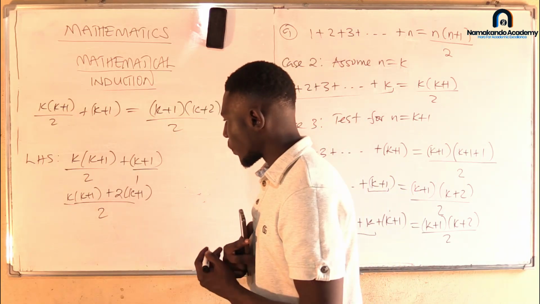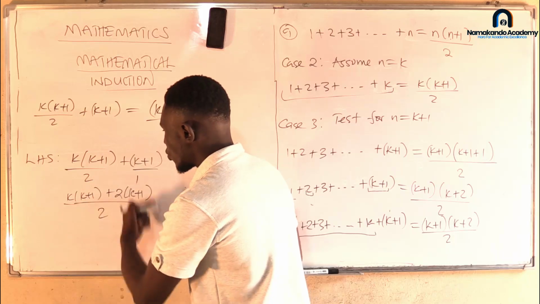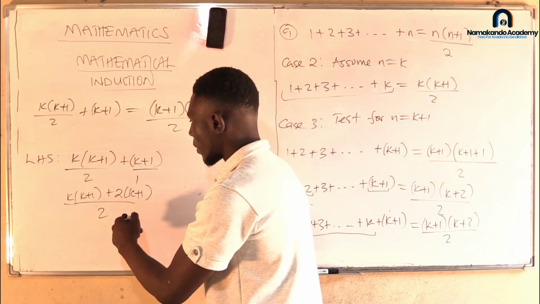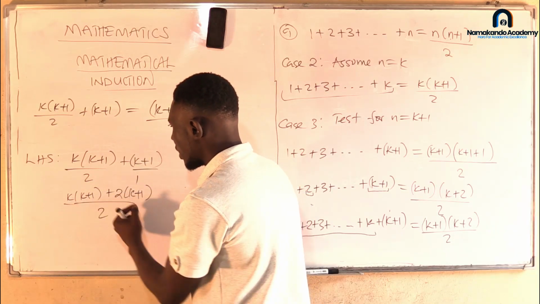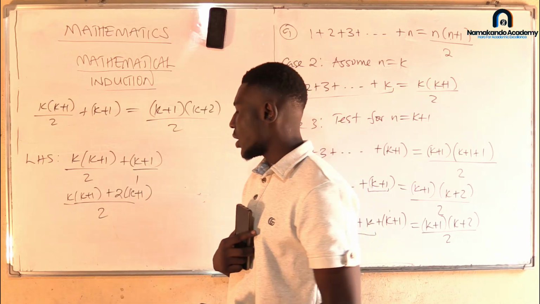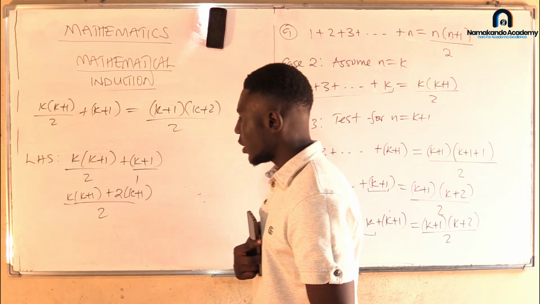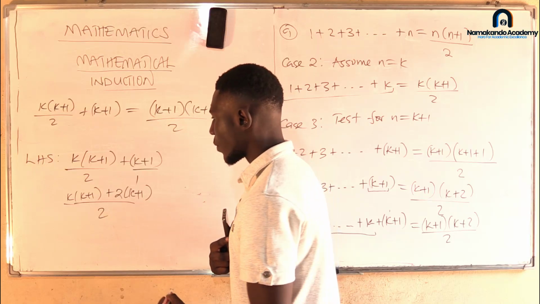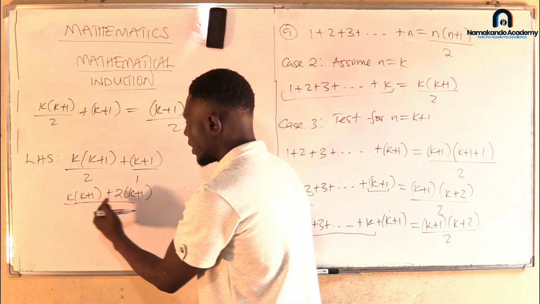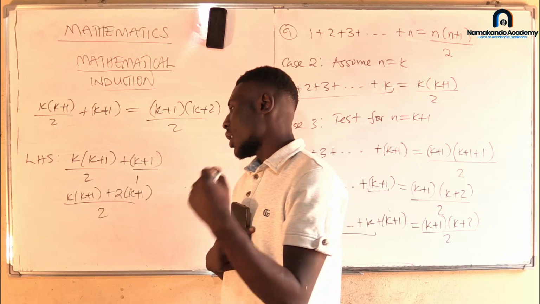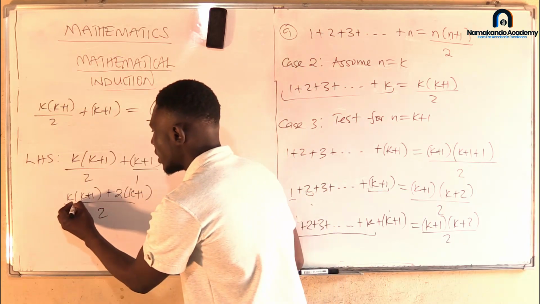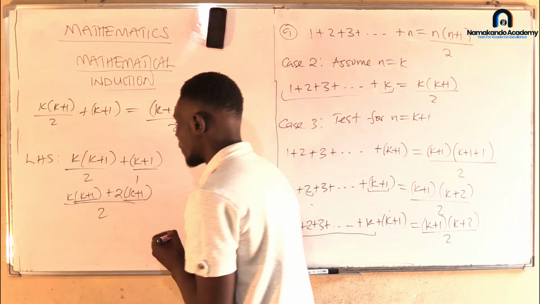Now from here, this is one part, but the numerator has 2 parts separated by a plus sign. If you look at the first part and the second part, they both have something in common, which is what we have in parentheses, k plus 1.